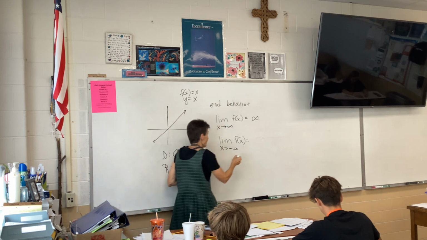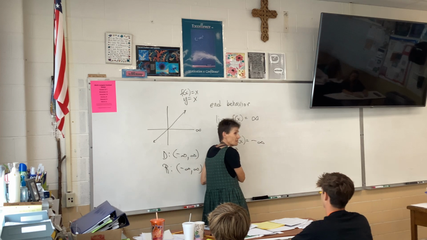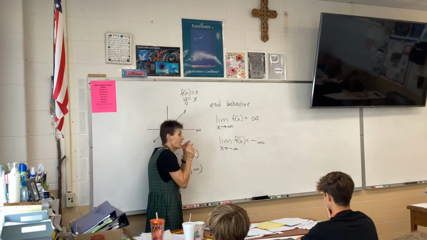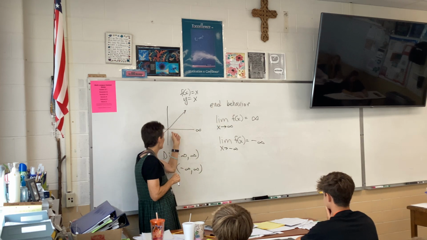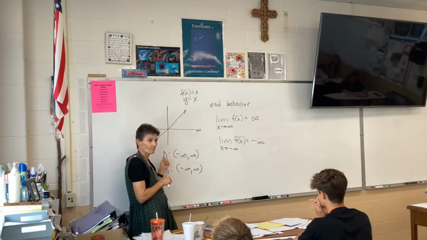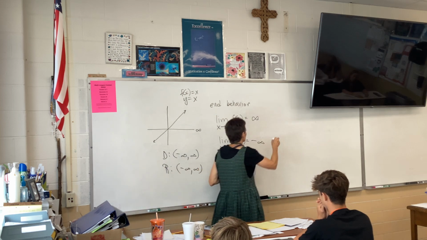Negative infinity. Now, these don't always match, guys. You've got to look at your picture. That notation says, as you go to the right, you go up. As you go to the left, you go down. That's end behavior.